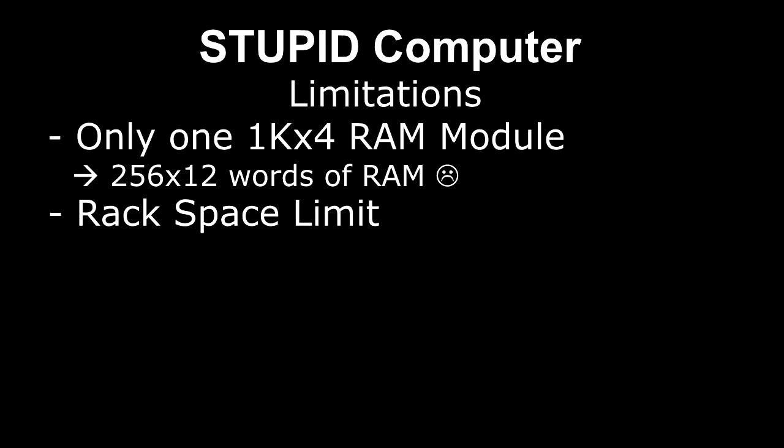Available rack space was another issue. We were supposed to do this in teams, and each person in the team was allocated one rack. I said, no, I want to do it on my own, but I'm going to need more than one rack. When I went in to present, you had to actually go in and present a proposal to the instructor and the teaching assistant, and then they would approve it or disapprove it or suggest some changes.